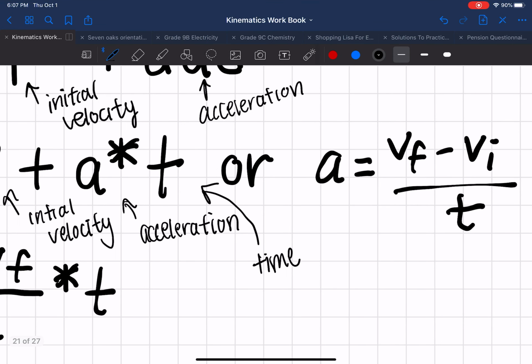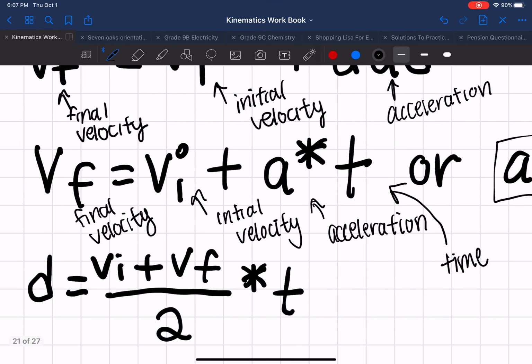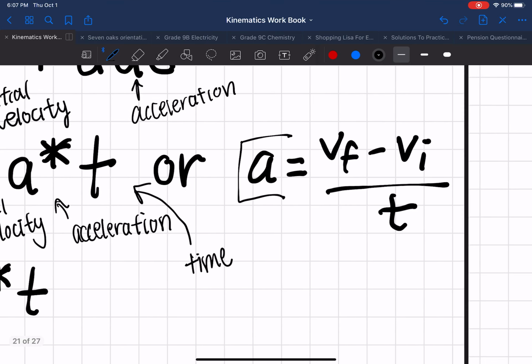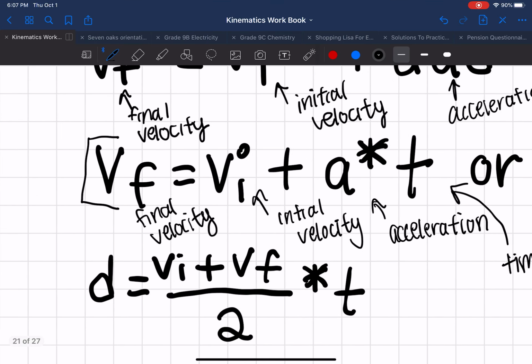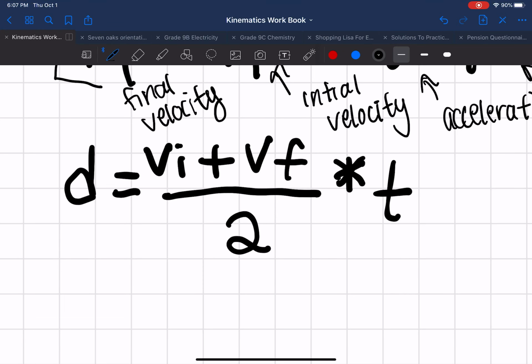It just depends on which value you're looking for. Sometimes you're given variables and need to look for acceleration, compared to sometimes you're given all the variables and want to solve for final velocity. So then you rearrange your formula and use this one instead of this one, depending on which one you're looking for.